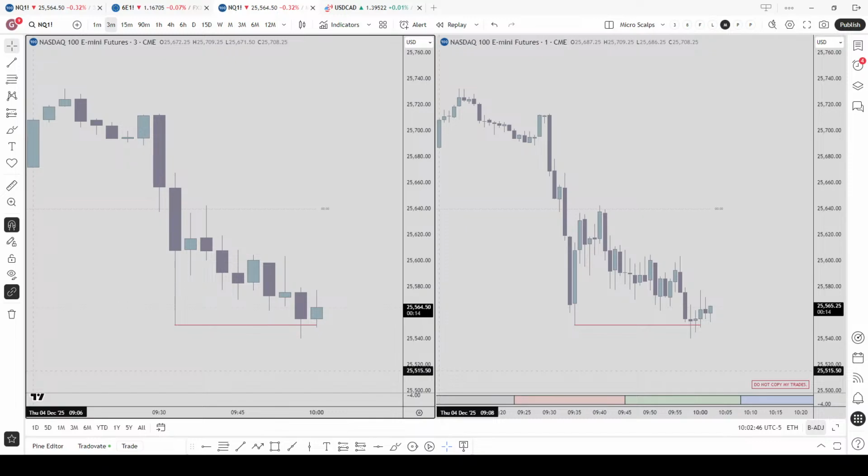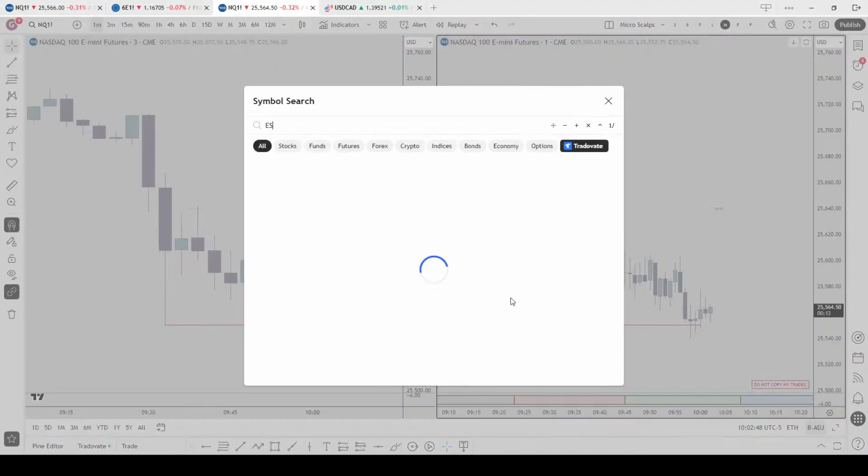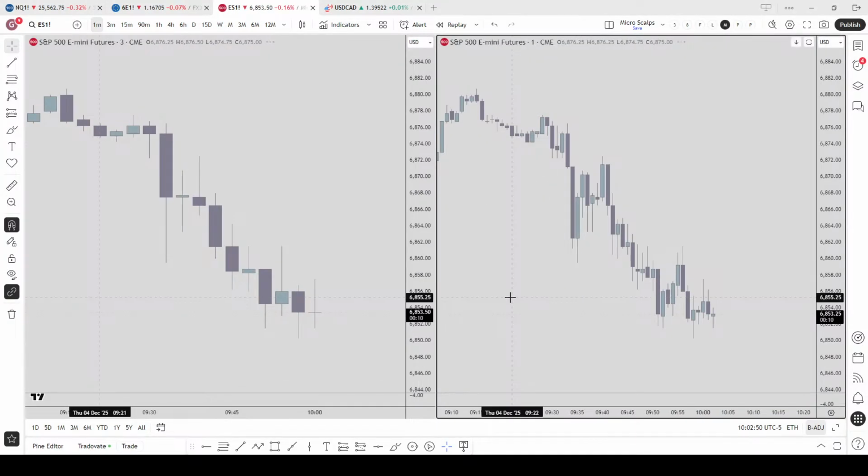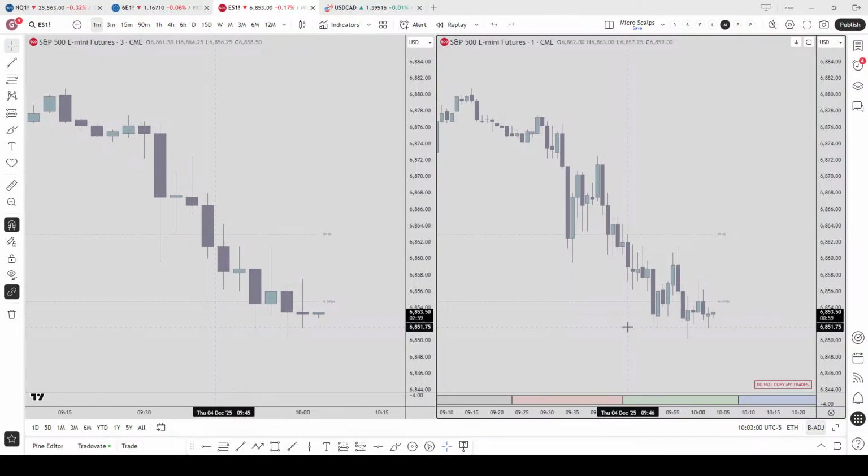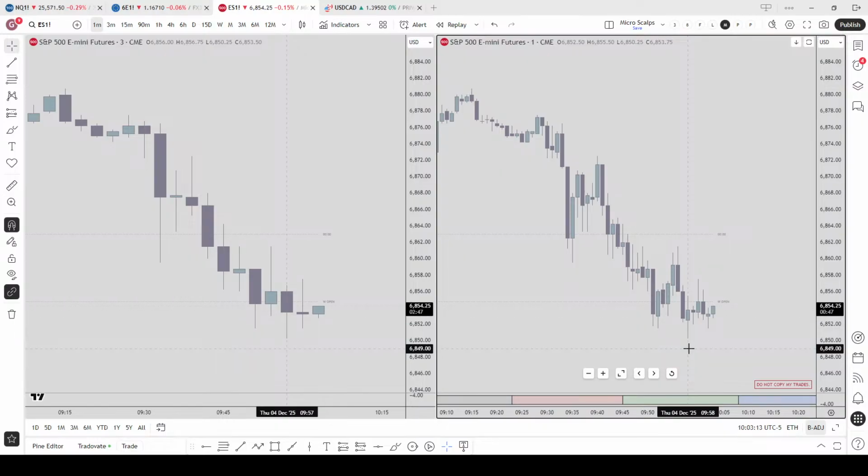Thinking for longs, ES might be a better pick, and that I could trade on the E-mini, so it reduces a lot of execution friction. So yeah, I'm going to trade ES today, not NQ, because the range is a little bit too big for me to trade one E-mini contract.